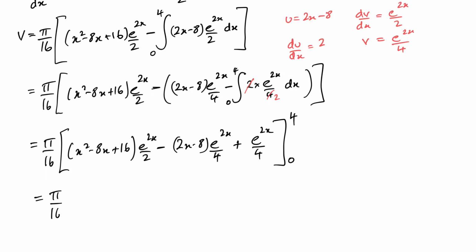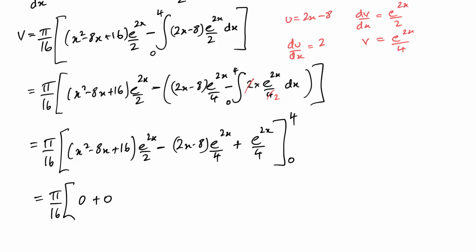So pi by 16. Now, substituting in 4, this is going to give this bracket as 0. And then substituting in 4 to here, 2 4s are 8, 8 minus 8. That's going to put this bracket as 0 as well.